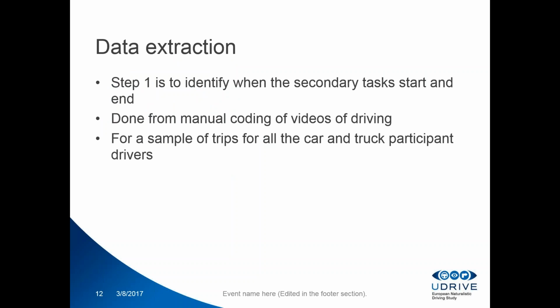The first step, and it's very important to know that this is done by manual coding, is to identify when the secondary tasks start and end, and to know what kind, who's doing it, and so on. So we're doing this by manual coding, just to be clear.